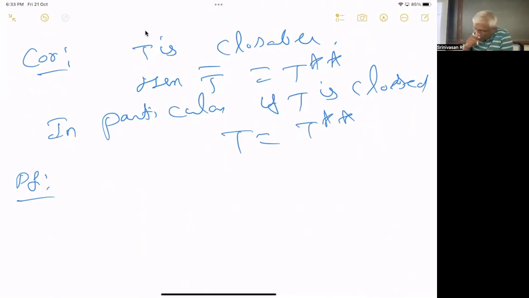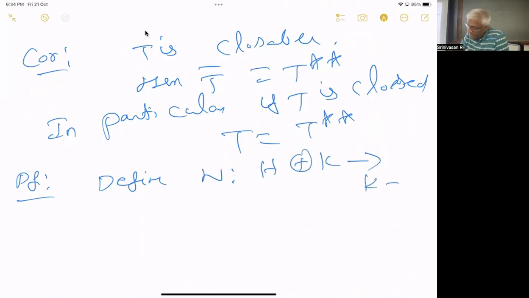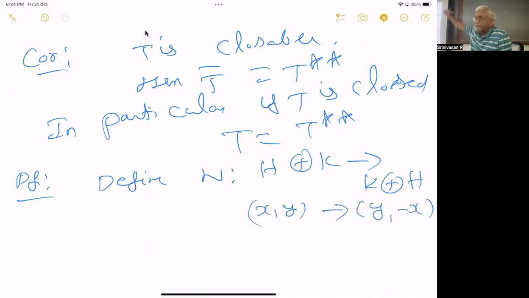Okay, so let us define an operator W from H direct sum K to K direct sum H, defined by (X, Y) going to (Y, -X).